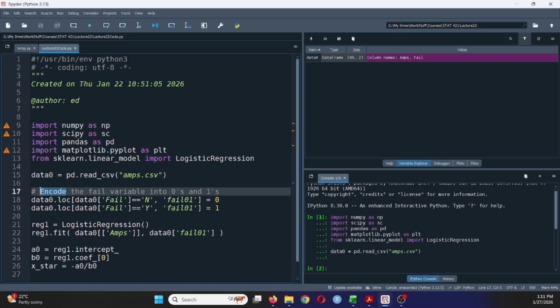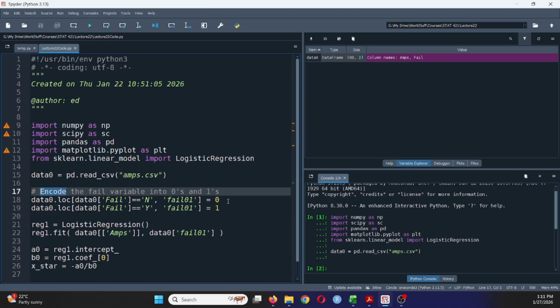So I'm going to make a new variable here called fail01, because it's 0 or 1, because this fail is y or n. So I'm going to take the data that I've just wrote in, and in the locations where data 0, the original data, column fail, is equal to n, I'm going to put a new column, fail01, equal to 0.